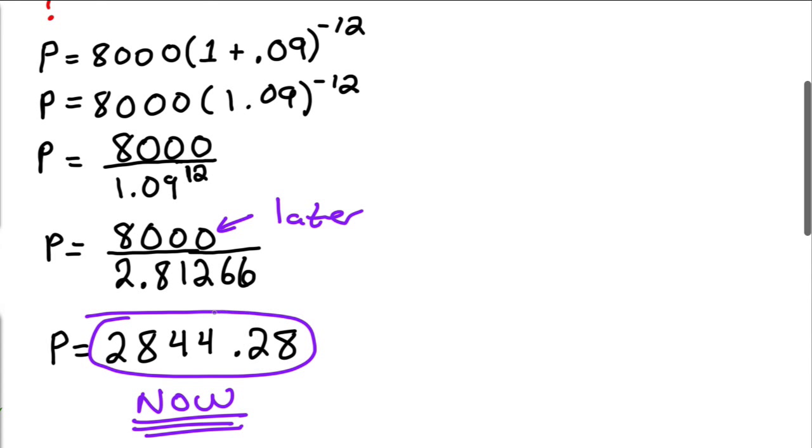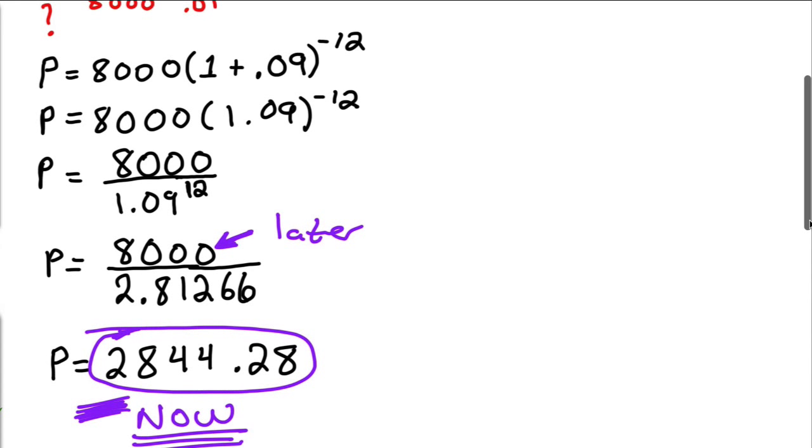A good way to check is to make sure that this number is less than the amount that you want to have later. If it happens that this number is larger, then that means you must have made a mistake somewhere. So be careful with that.